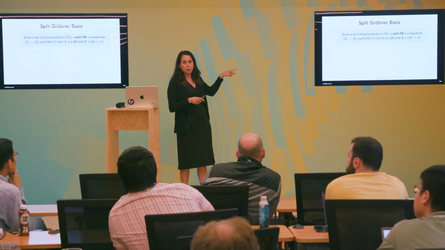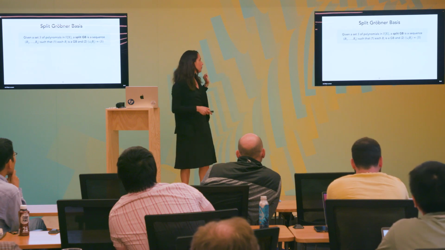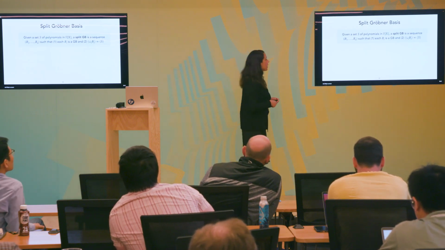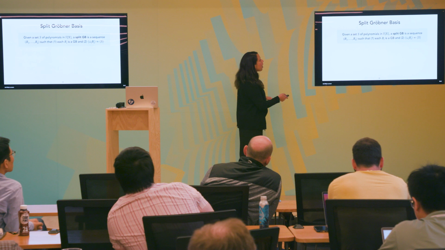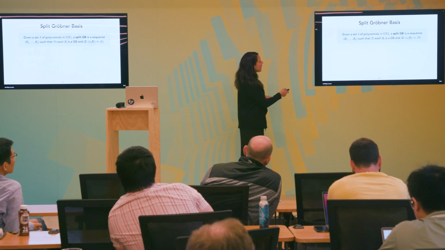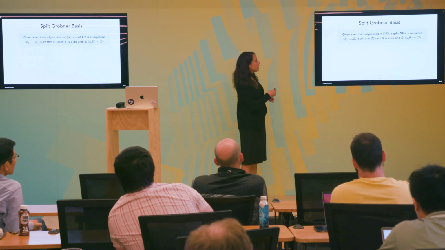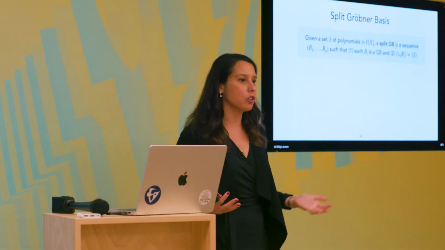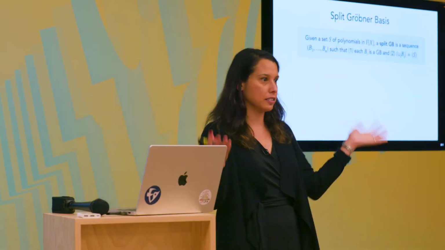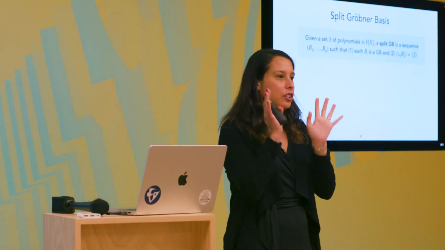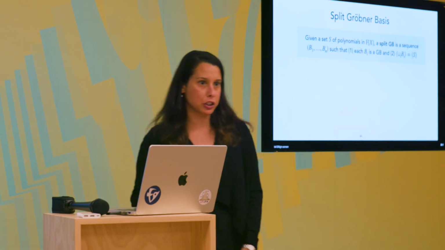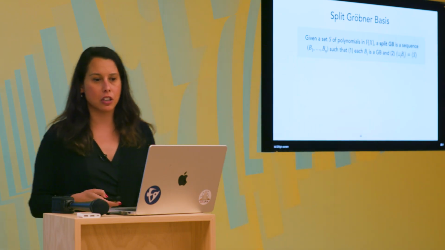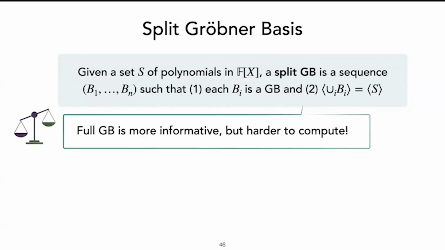We compute a Grobner basis bi for each of them separately, and we also require that the ideal generated by S is equal to the ideal generated by the union of all of these bases. In other words, they union up to our original ideal.